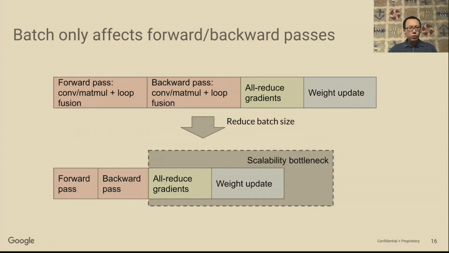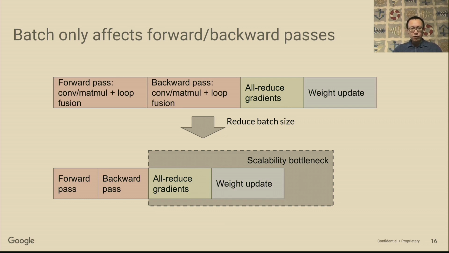One typical way that people scale the model to more computation resources is to keep the global batch the same, but increase the number of replicas. This way, the per replica batch size becomes smaller. So the total compute needed to finish the forward and backward pass also scales linearly.